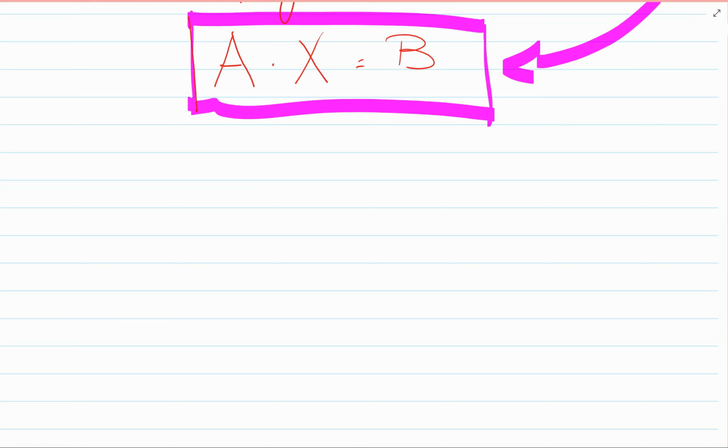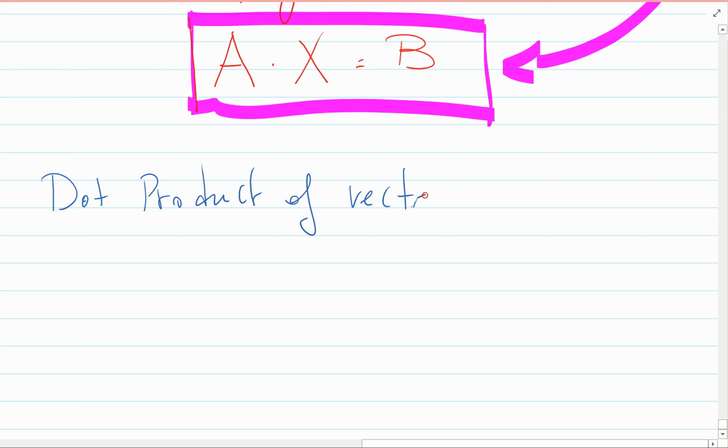When we talk about the dot product or scalar product of vectors, the vectors have the same form: either they are row vectors or column vectors. But in the dot product, the way I defined it, we have one row vector times one column vector.